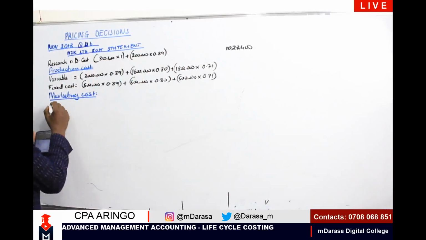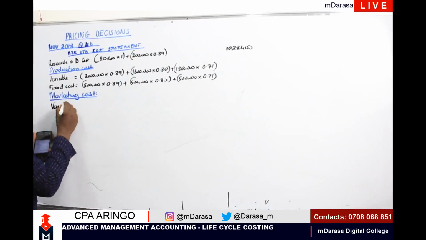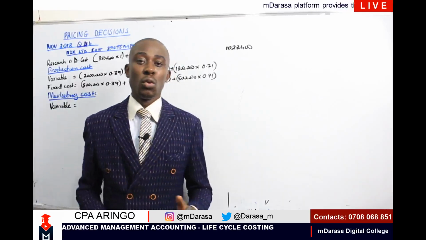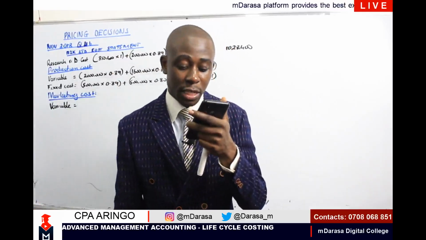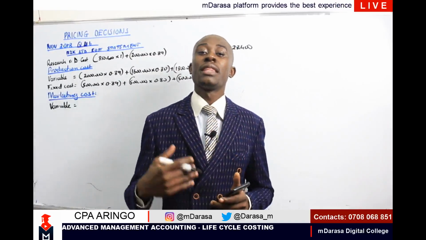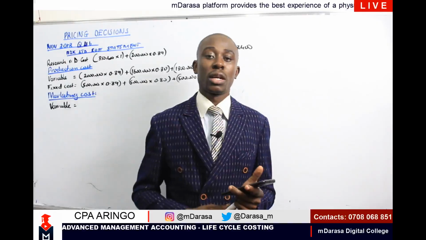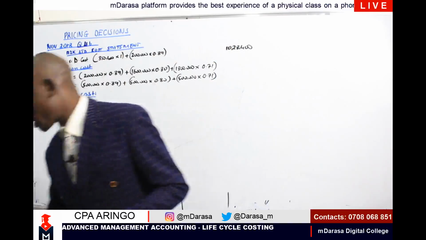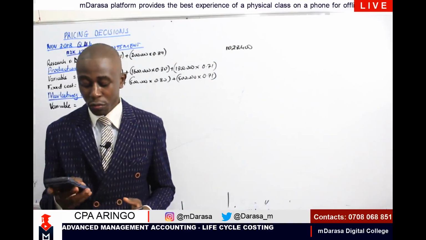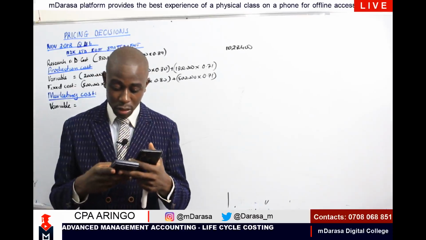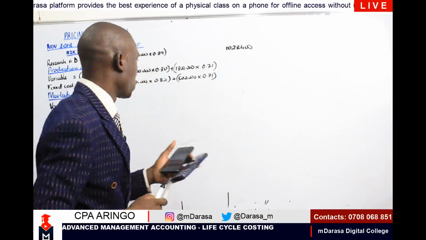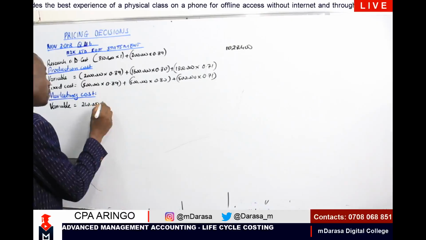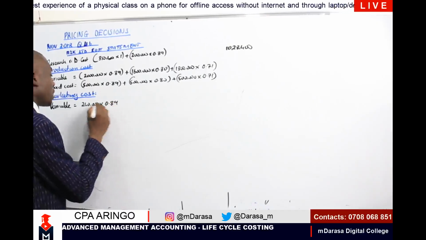I'm having the variable cost per unit, which for year 1 I was given 12 shillings, by the number of units which you produced in year 1. So I should be talking of 12 shillings per unit by 20,000, to give me a figure of 240,000. So you should be talking of 240,000 by the present value, which is 0.89.